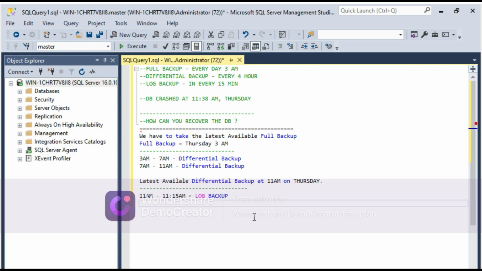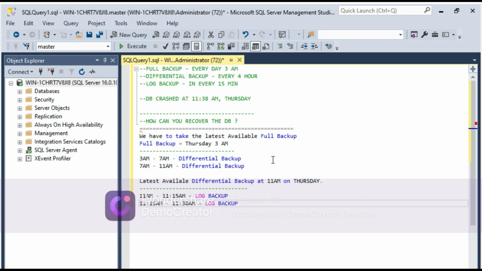Then 11:15 to 11:30 a.m. log backup. So we have to take two log backups.